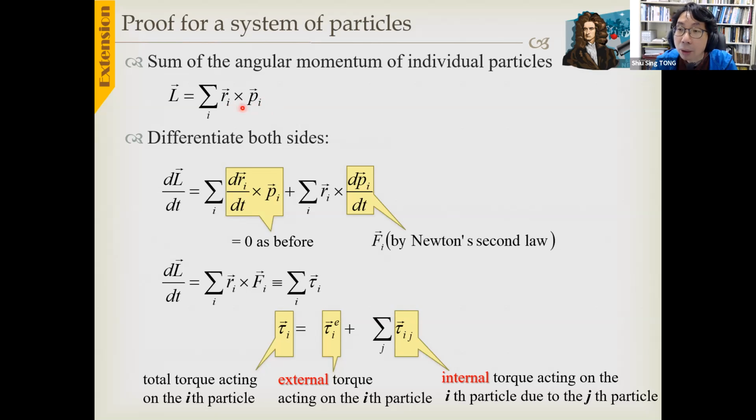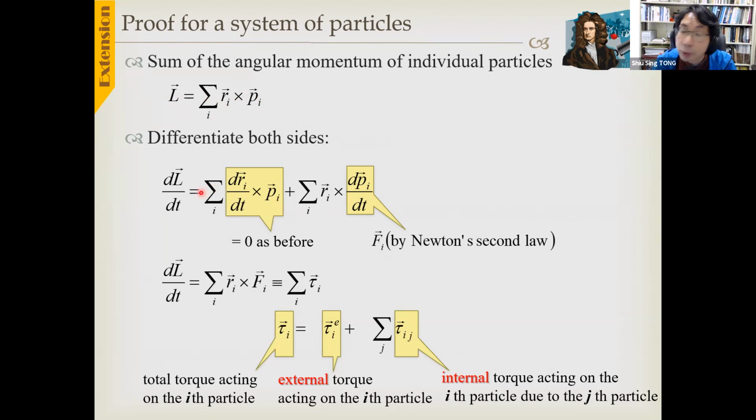So for that particle, we have the angular momentum r_i cross p_i, and we form a sum of this quantity over all the particles, we get the total angular momentum. So that's a simple summation of the angular momentum of individual particles. We get the total angular momentum.